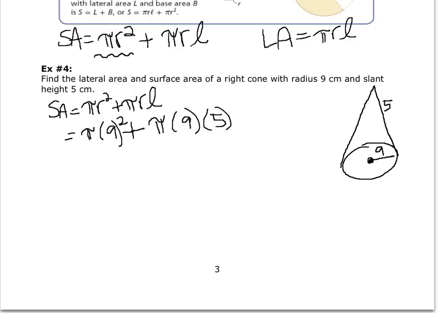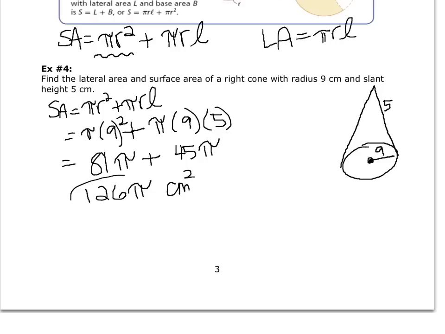I'm going to probably keep this in terms of pi. So I have 81 pi, and 9 times 5 is 45, plus 45 pi, and that gives me 126. So my surface area is 126 pi centimeters squared.